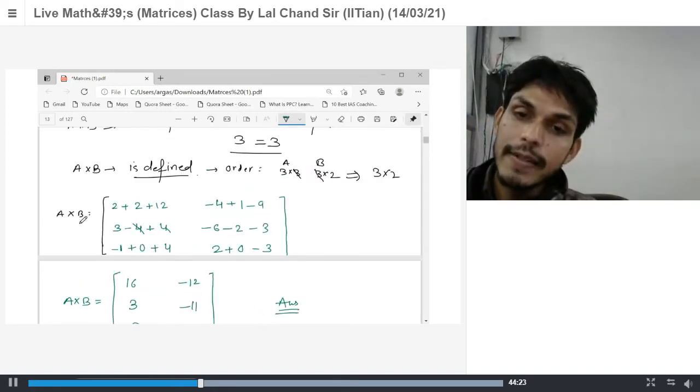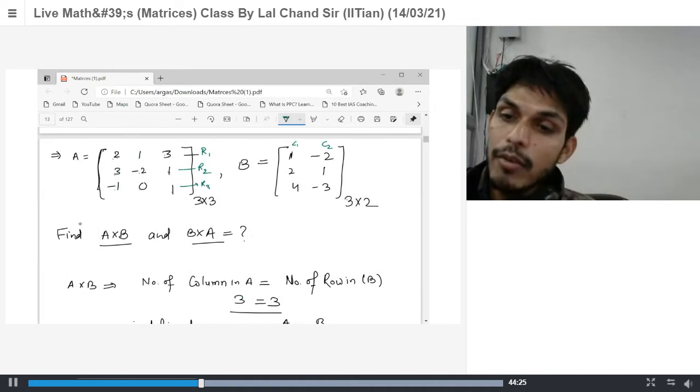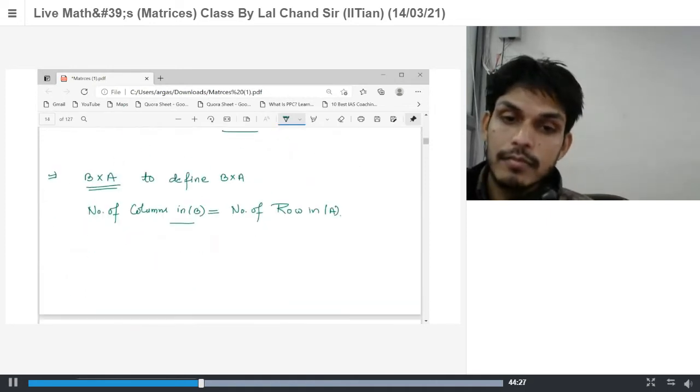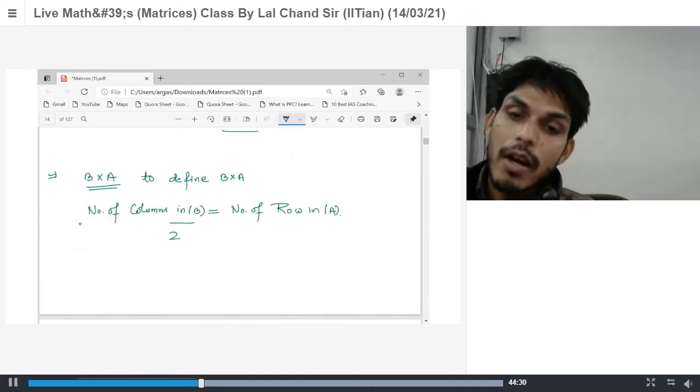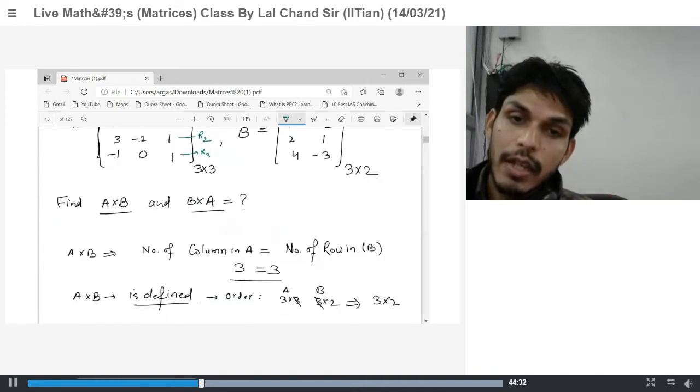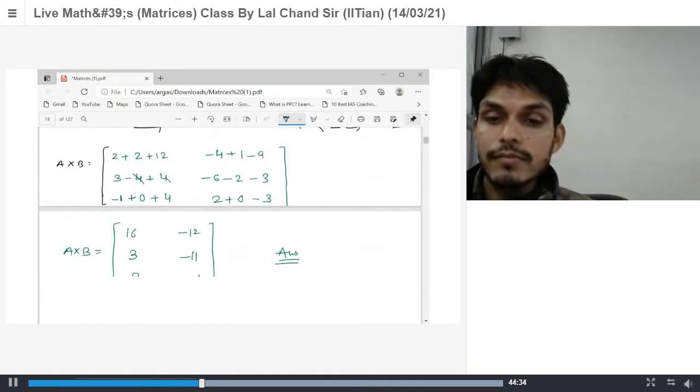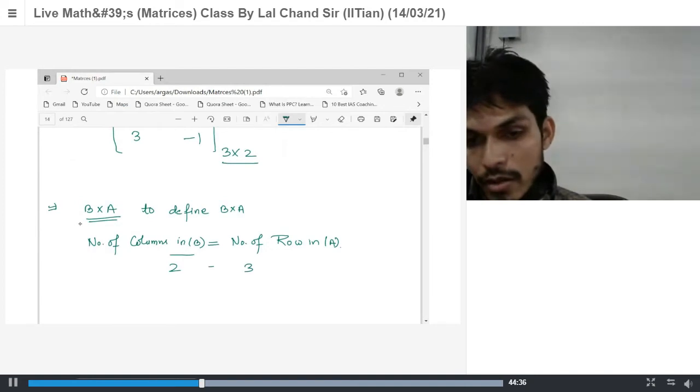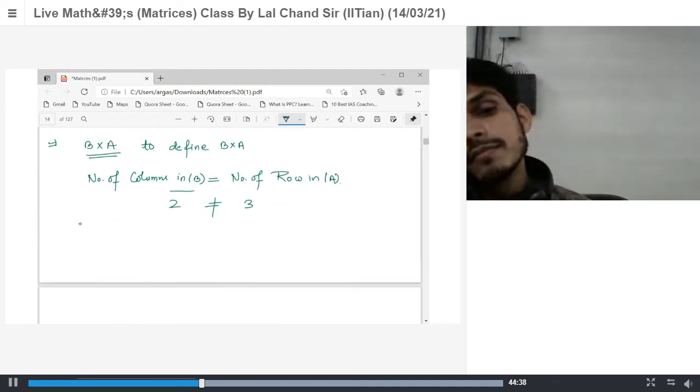So let us check. B has 2 columns. Okay, and number of rows in A is 3. So this is not equal. So we can say this implies B cross A is not defined here.